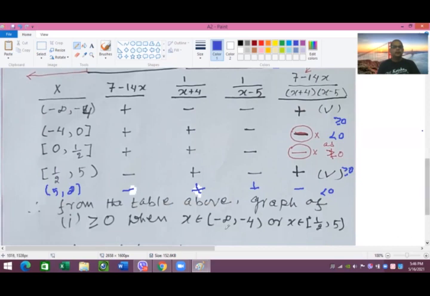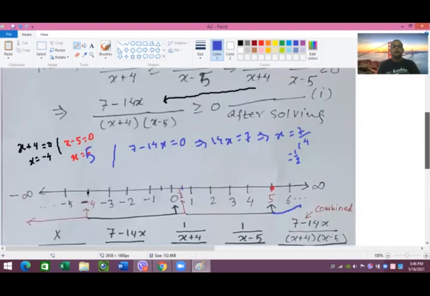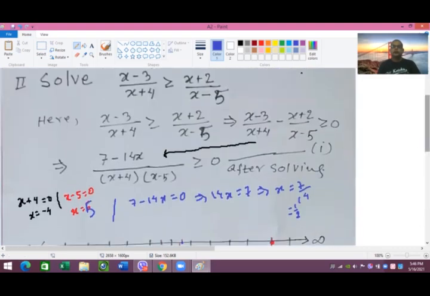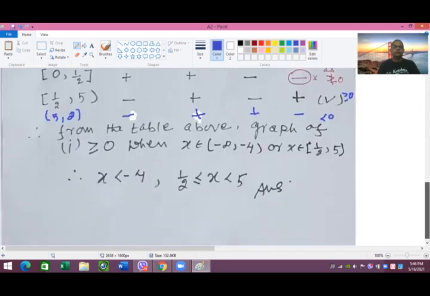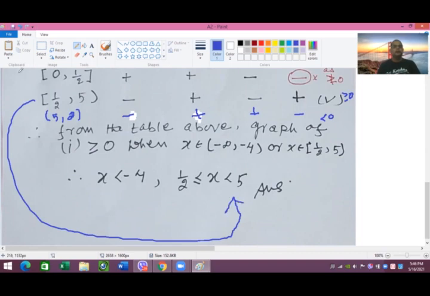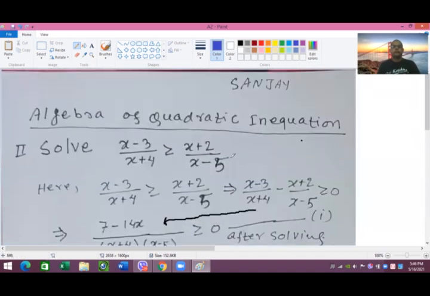So from the table above, the graph of this sort of function inequality, x is less than minus 4 and x is between 1 by 2 and 5. The meaning of this is, like, half is less or equal to x, which is less than 5. So these two are the solutions for this inequality.